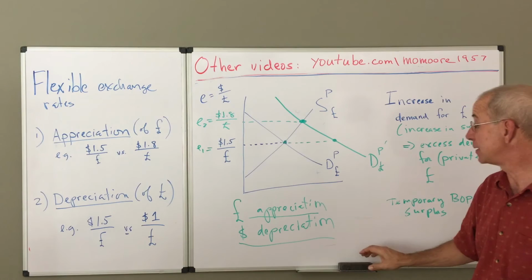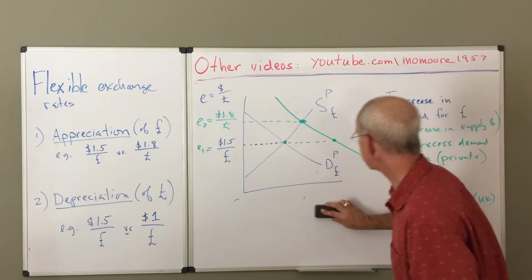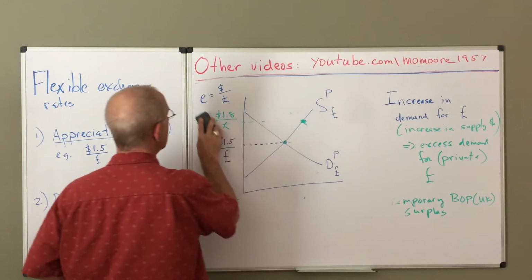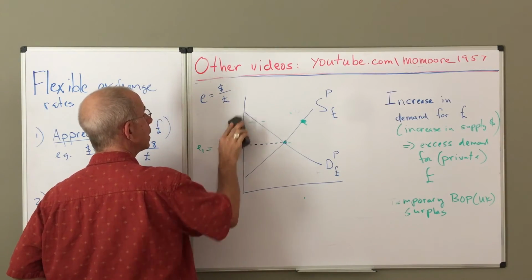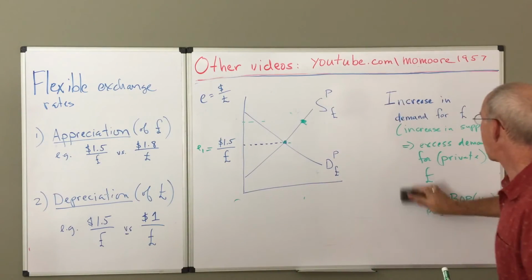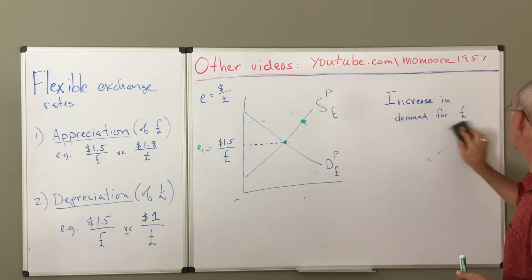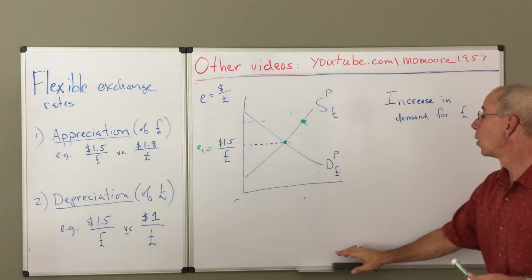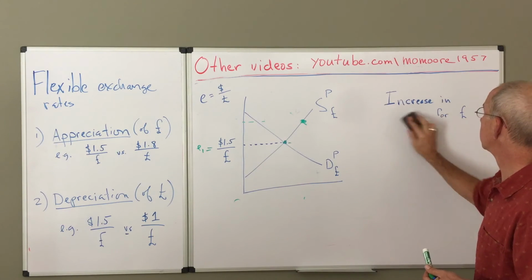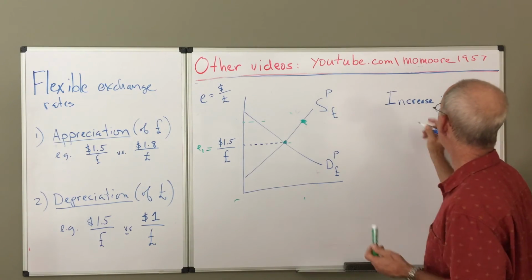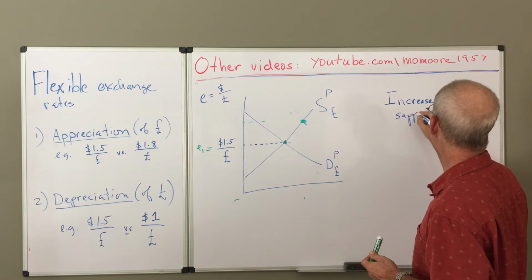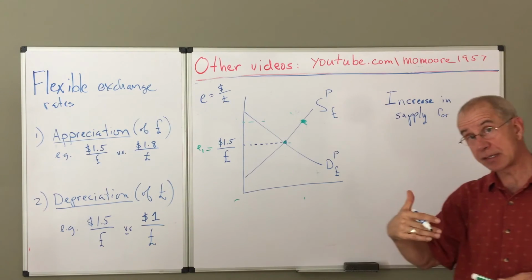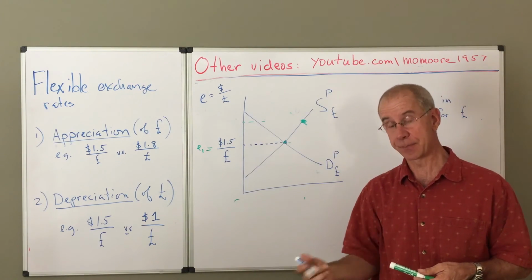Let's look at a depreciation of the pound. Okay, so very similar setup. We'll start with the same initial exchange rate. And it shouldn't surprise you that this depreciation of the pound would be associated with an increase in the supply of pounds by British citizens who want to buy American stuff.